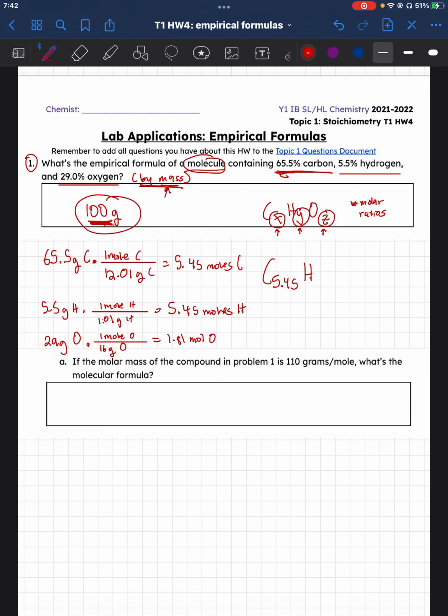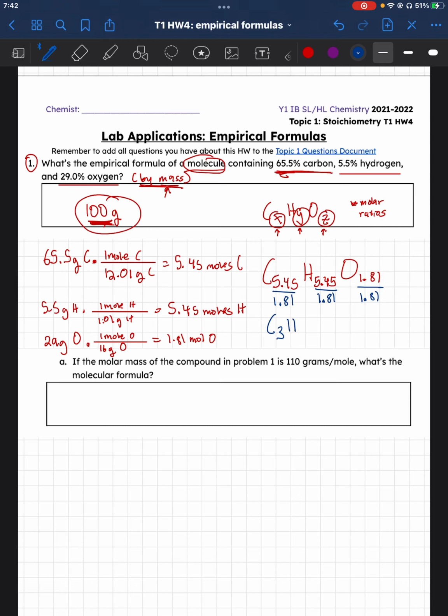All right, so now I have my molar ratios. The only problem is they don't look like nice, tidy subscripts, so I need to simplify a little bit. The way I simplify here is I just divide by the smallest number of moles. So divide all of these numbers by the smallest number of moles. 5.45 divided by 1.81 gives me 3.